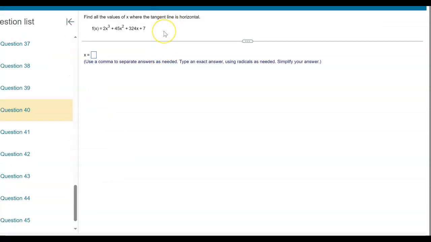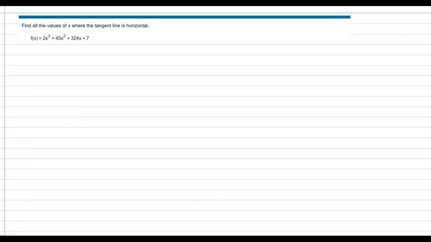Now in this next problem, we are asked to find all values of x where the tangent line is horizontal. When you say the tangent line is horizontal, that means the slope of the tangent line is 0. So in other words, to find that x, all you need to do is find the derivative of this function, set it equal to 0, and solve for x.